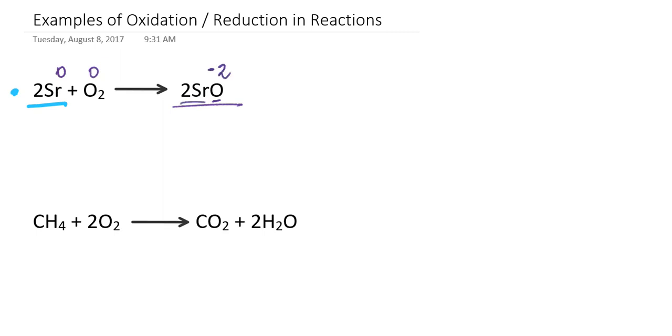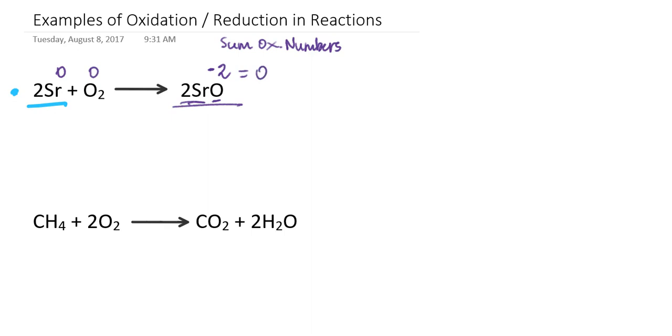And strontium, we may not be 100% sure of, but if you recall, for neutral compounds, their oxidation numbers should sum up to 0. So if I sum the oxidation numbers for the strontium oxide, then the sum should be 0.